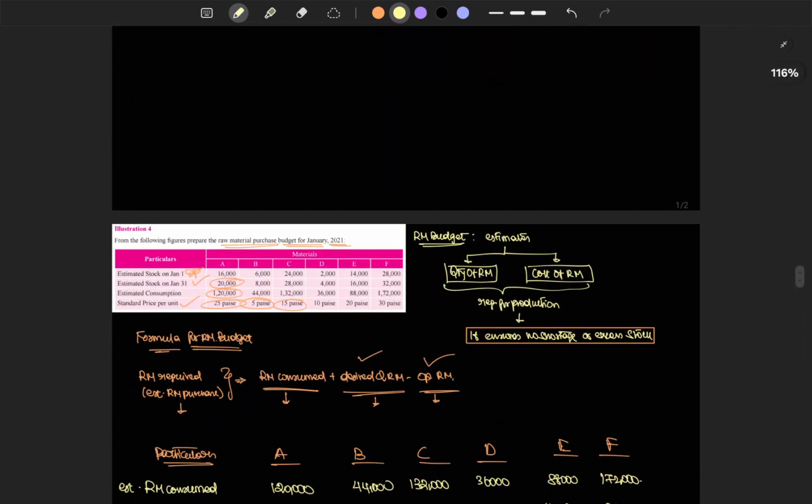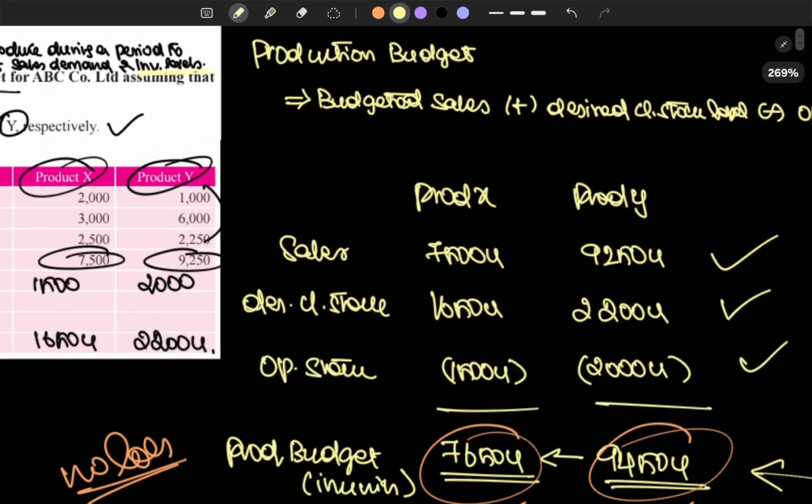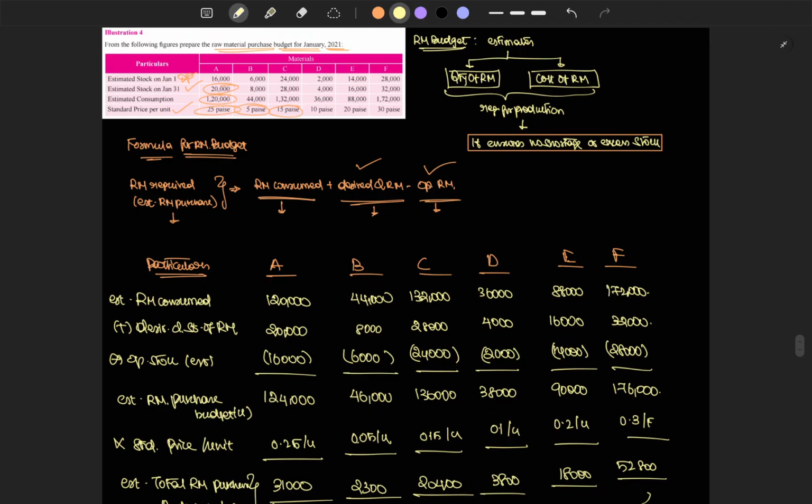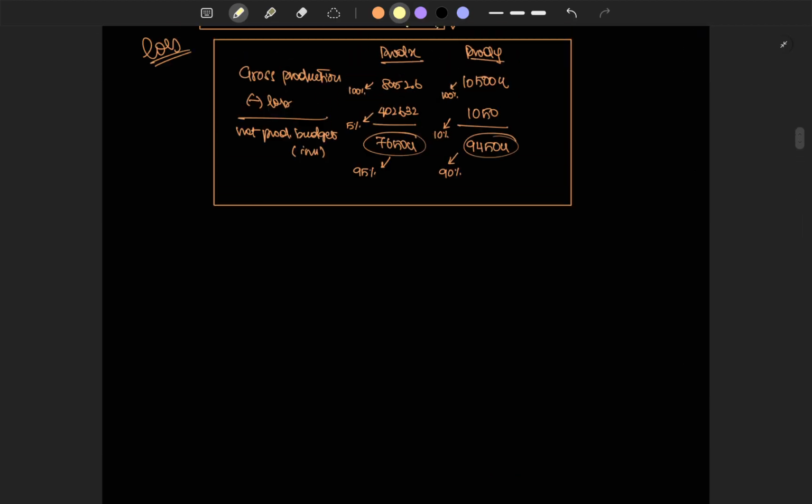So in all this you can find the similarity between the production budget and the RM budget.